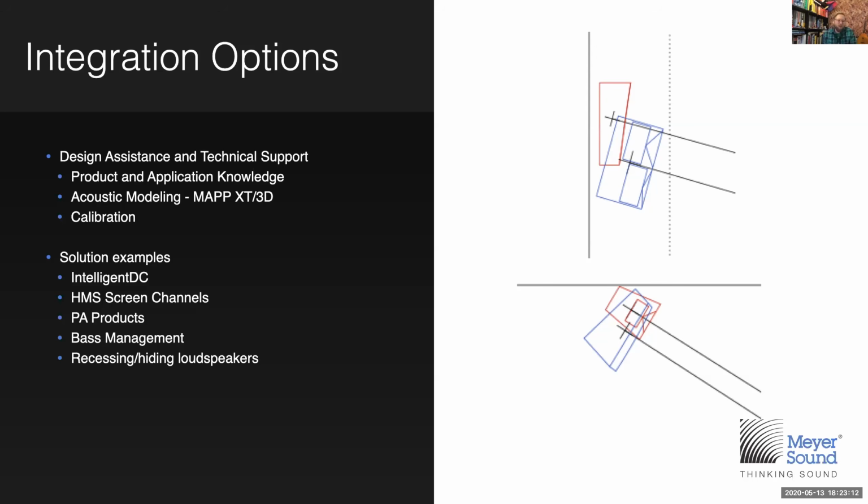Intelligent DC is remotely powered loudspeakers. They're still active, the amplifier is still in the loudspeaker, but what is nice is it's low voltage, 48 volts DC. So typically an electrician doesn't need to be involved in running that cable.